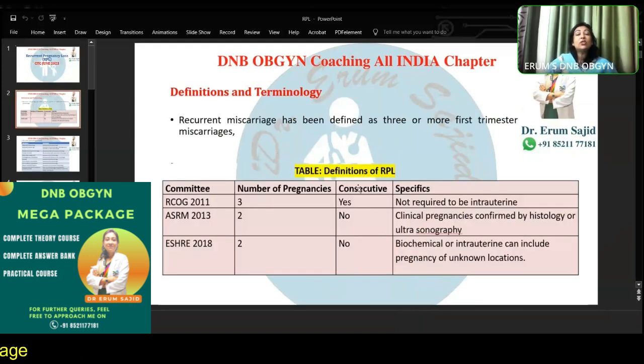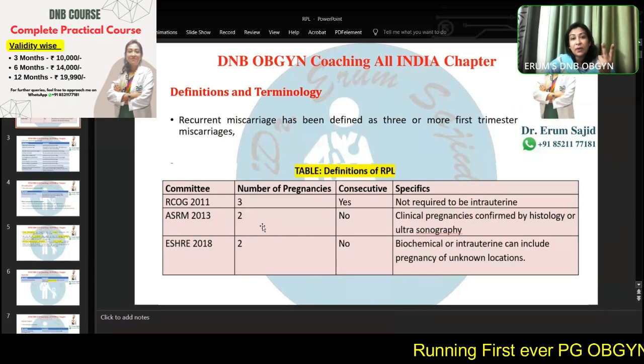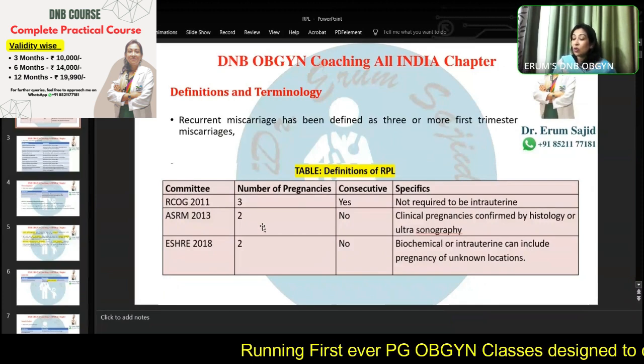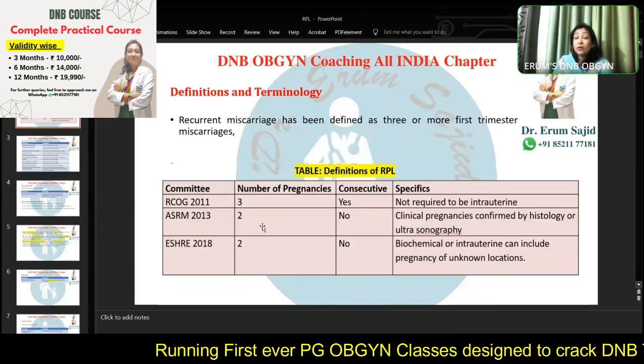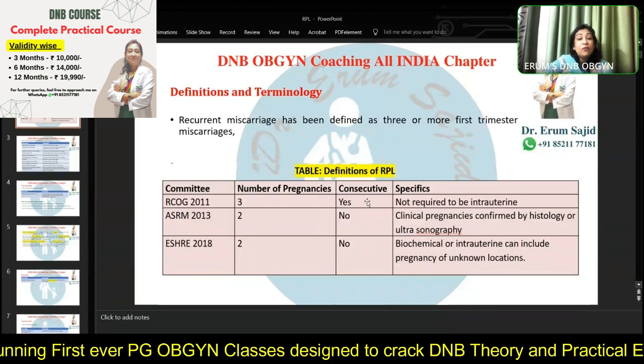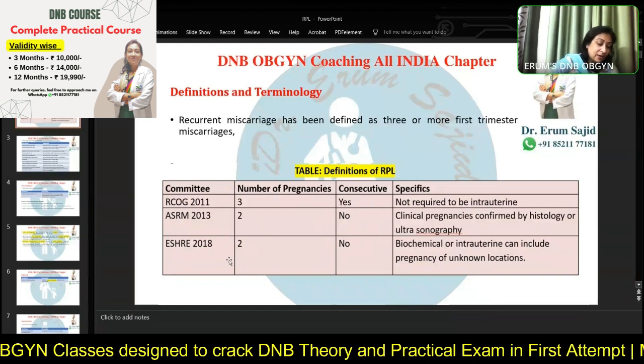Now, the definitions of RPL we've been speaking about since a long time. ASRM and ESHRE say that if you've had 2 pregnancy losses, you can call that patient as having recurrent pregnancy loss, and they don't have to be consecutive. They are very scrupulous regarding pregnancy losses.